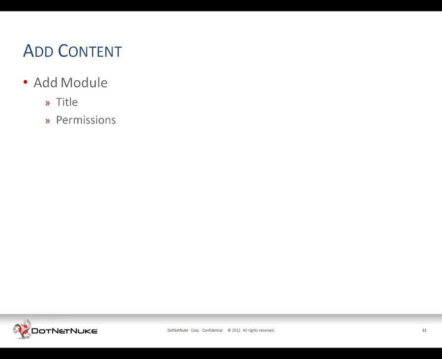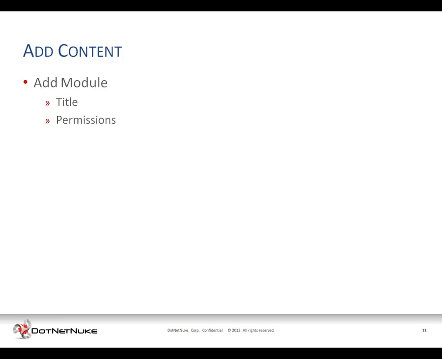The HTML module is one of the most common modules used across all DotNetNuke websites. While you can provide content through other modules, and many people do, there are literally thousands of different modules available, so we can't cover all of those from a content perspective. So we'll just talk about the HTML module.